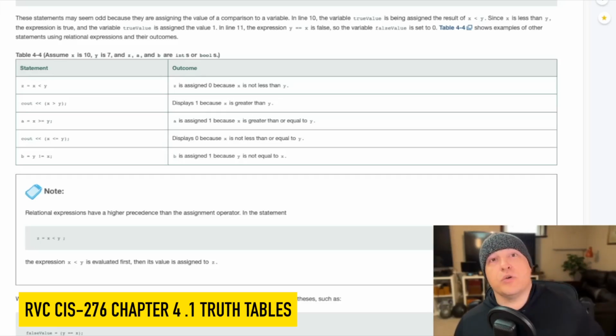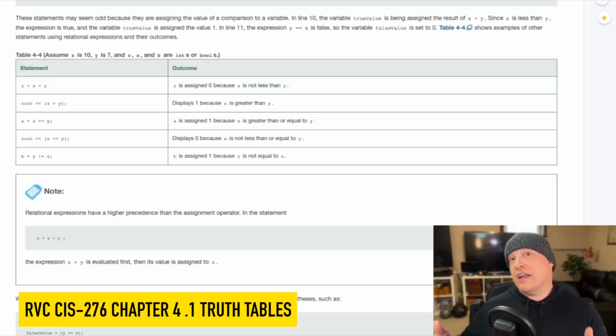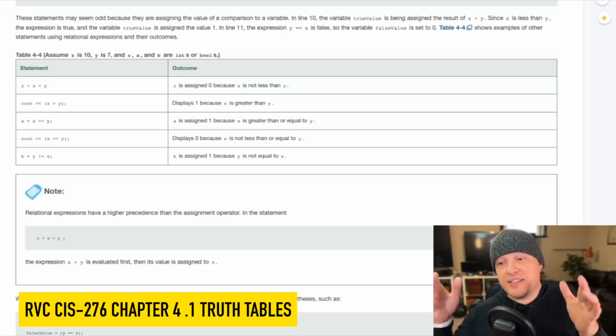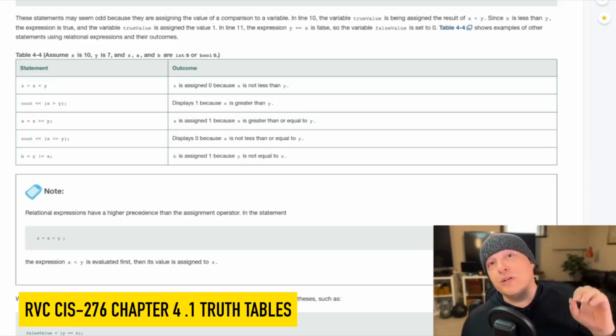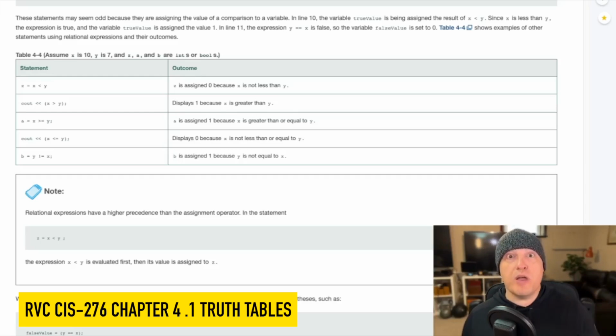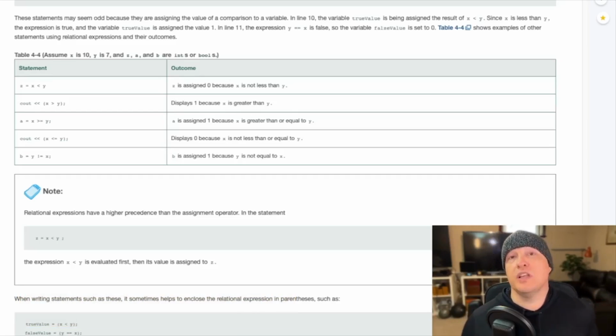So I'll let you go through the rest of that table. I think I've beaten that horse quite well enough. But it is worth noting that you have the ability to test for the truth or the falseness, I suppose, of a statement, and they have a numerical value that you can test. 1 for true, 0 for false. Numeric testing works out really great for this.